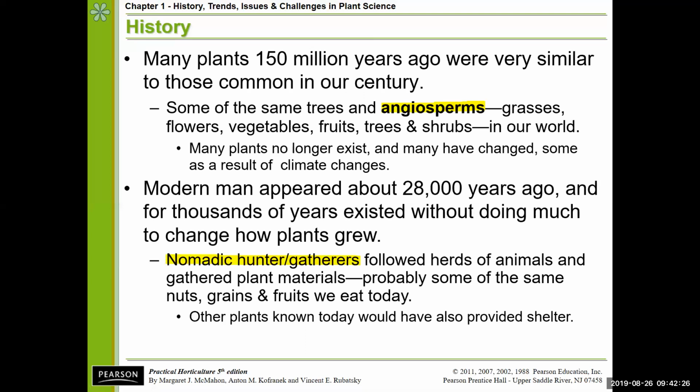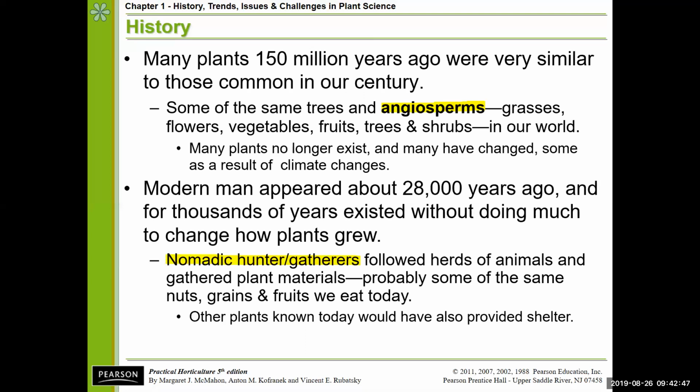I wanted to point out early on in our history that modern man, of course, the term Homo sapiens, our species, right? They say around 28,000 years ago. That's debatable, of course, depending on the anthropologists.